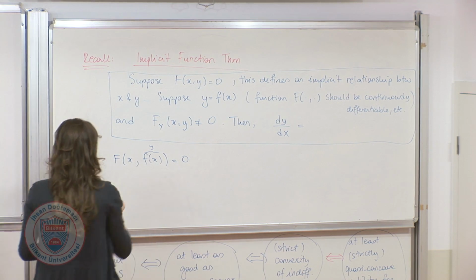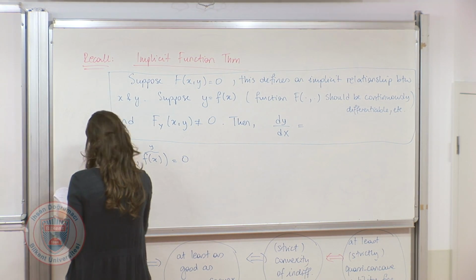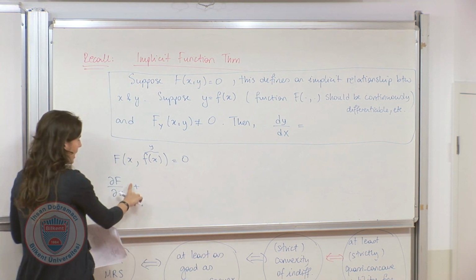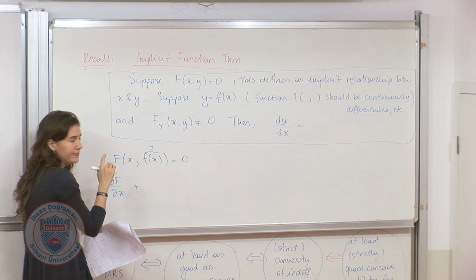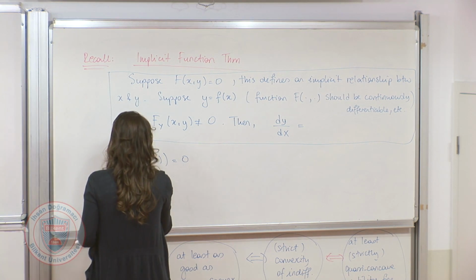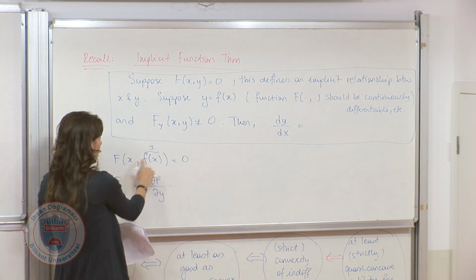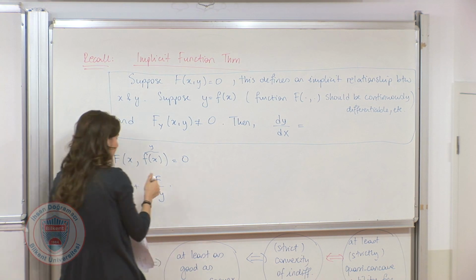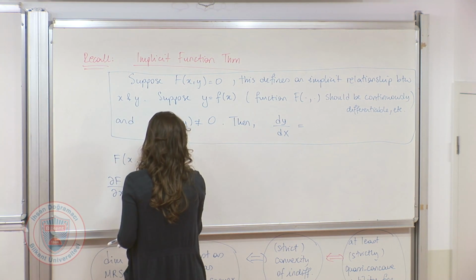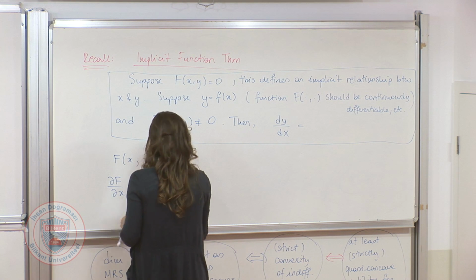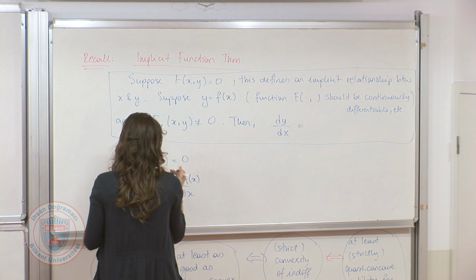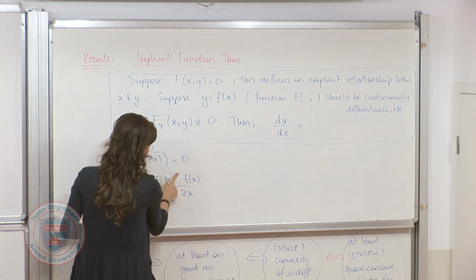So I write del f over del x times dx over dx, which is 1, plus del f over del y times dy over dx, because there is a y here that depends on x. So let's put it like this. Because it's a function of only x, I can write d.